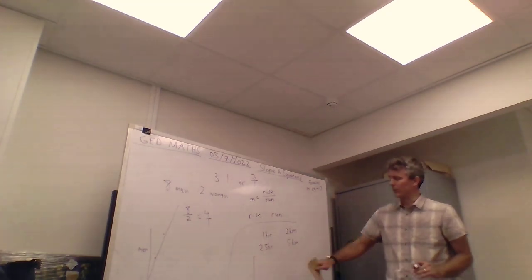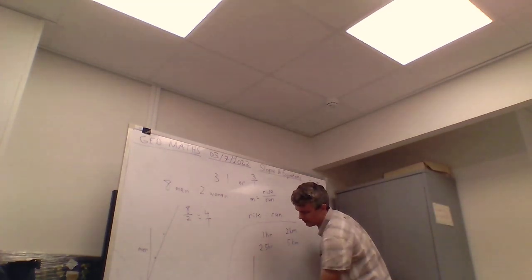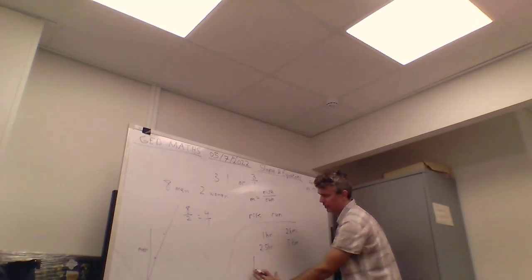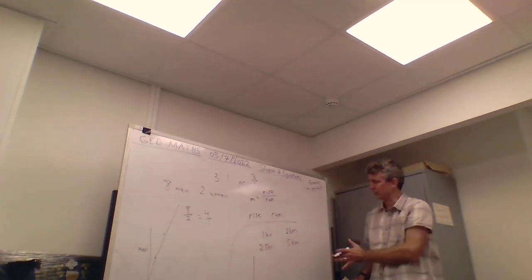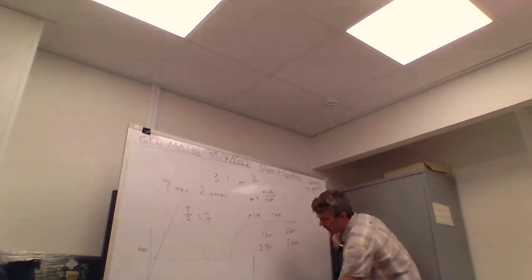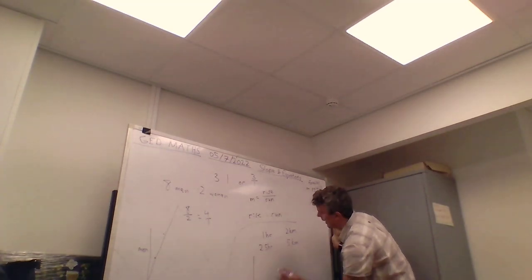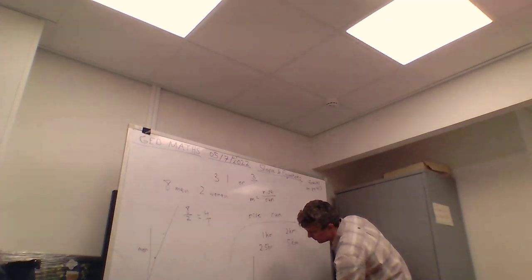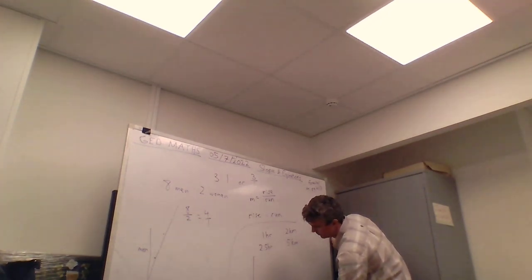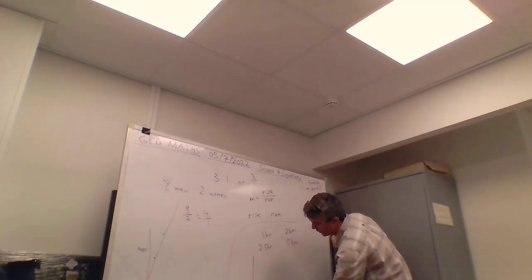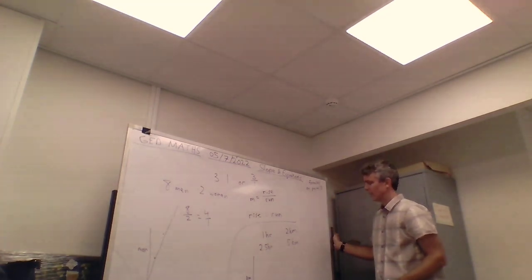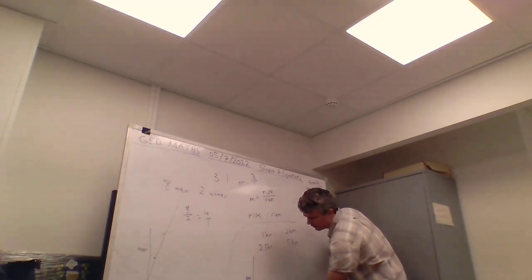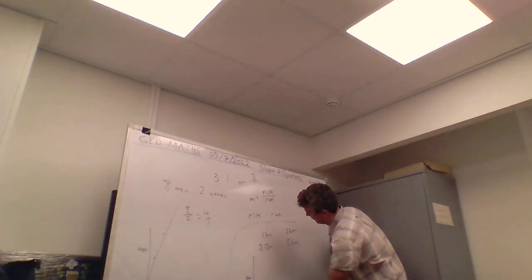Because these are positive values, you can imagine there's more here, but we only do this top piece. We're only doing the positive side of the Cartesian plane. Here we have hours, and here we have kilometers. So I plot 1 hour is 2 kilometers.